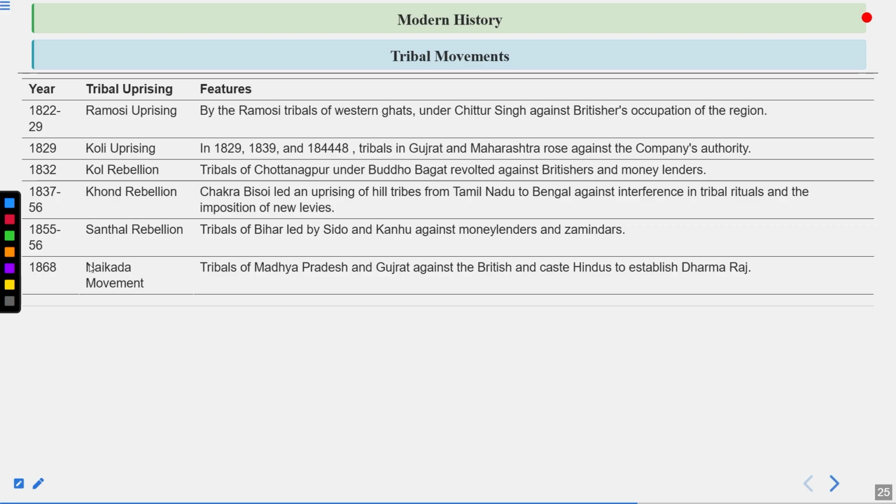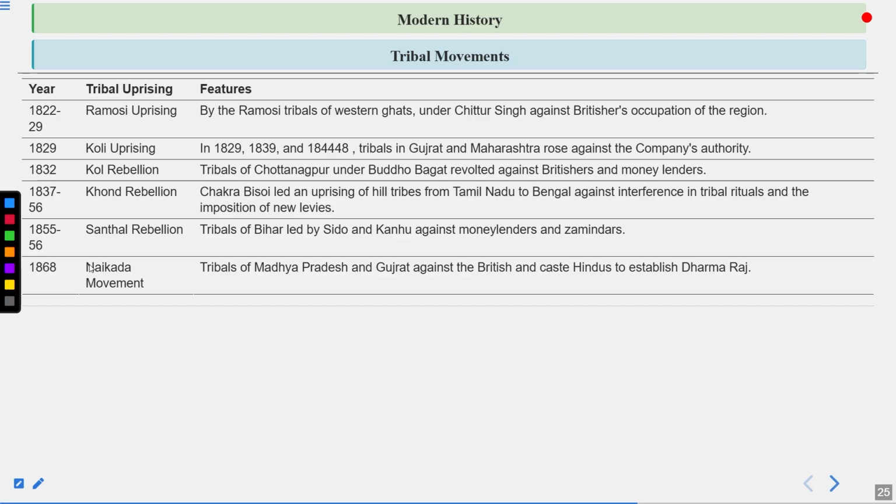Then 1832, Kol rebellion. Tribals of Chota Nagpur under Buddho Bhagat revolted against Britishers and moneylenders. 1837 to 1856, Khond rebellion. Chakra Bisoi led an uprising of hill tribes from Tamil Nadu to Bengal against interference in tribal rituals and the imposition of new levies.